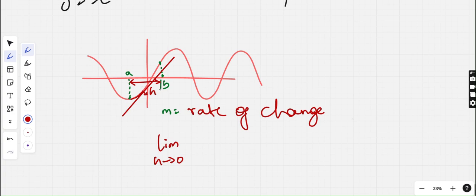whatever the distance between these 2 points, let's say this is A and this one is A plus h, let me write that B equals A plus h.